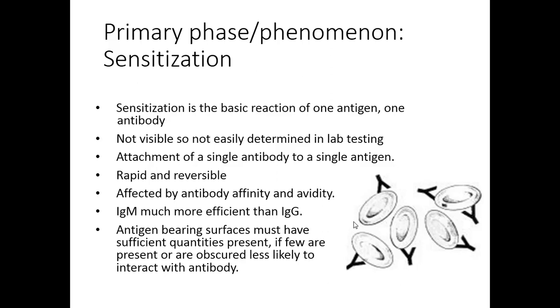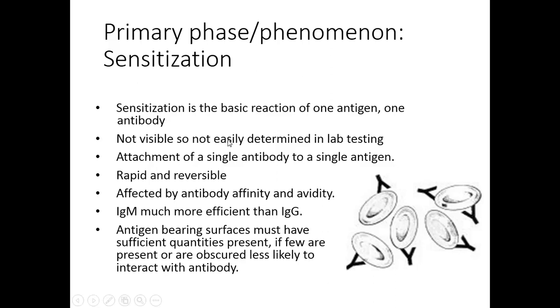The illustration you see in this picture is showing an antigen on a red blood cell binding to the antigen binding site of an immunoglobulin. But this could just as easily be the epitope of any kind of an antigen. It just happens to be red cells, so we're seeing one antibody binding to one antigen.